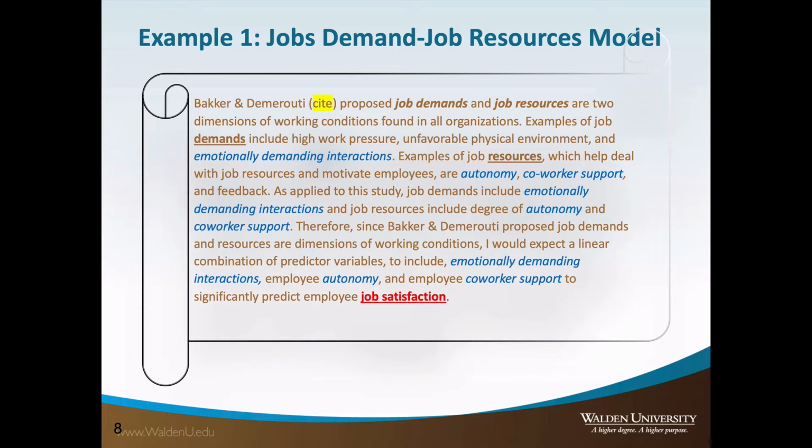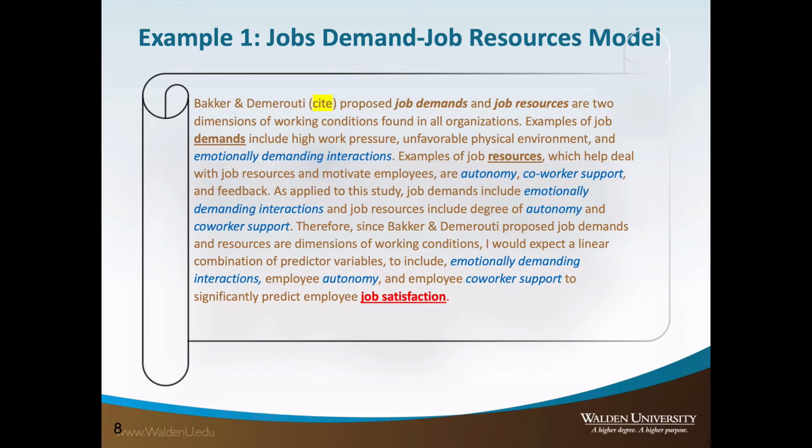Several constructs underlie each domain. However, I have highlighted a few in blue that will be used to explain other concepts in this webinar. For example, emotionally demanding interactions fall under the demands domain, and autonomy and coworker support fall under the resources domain.